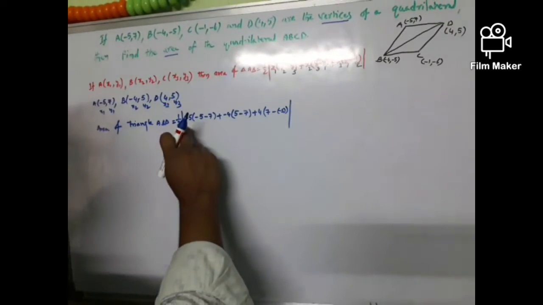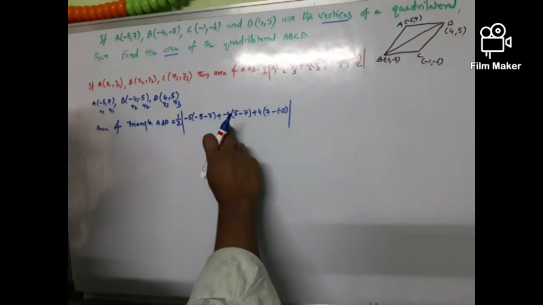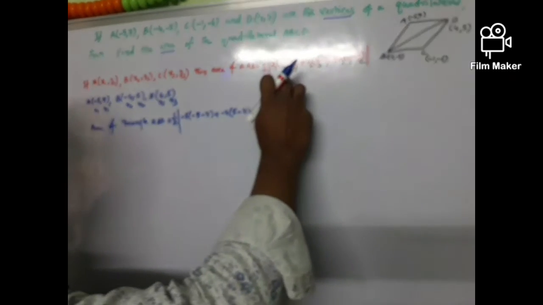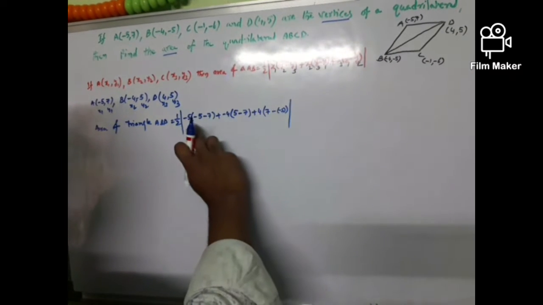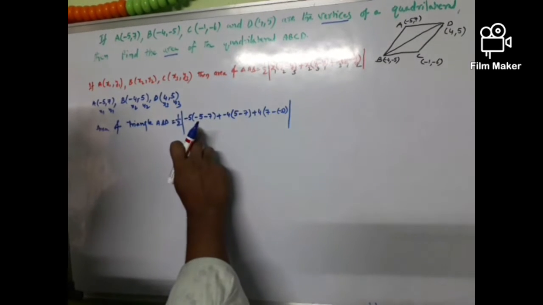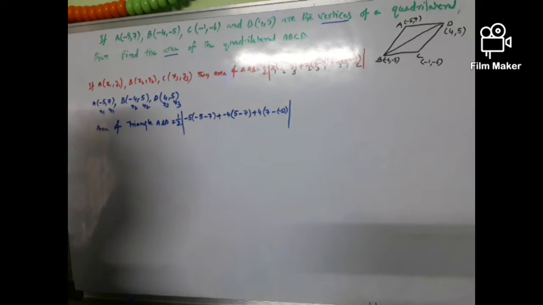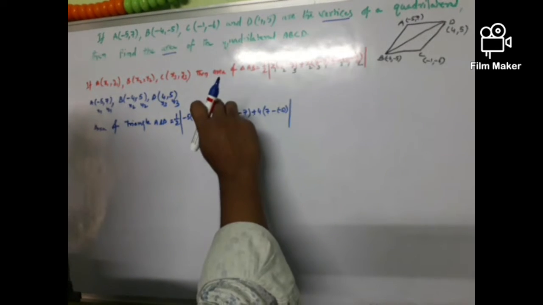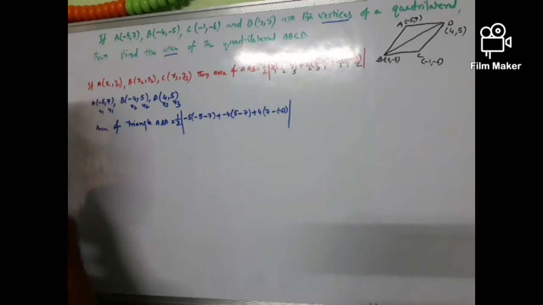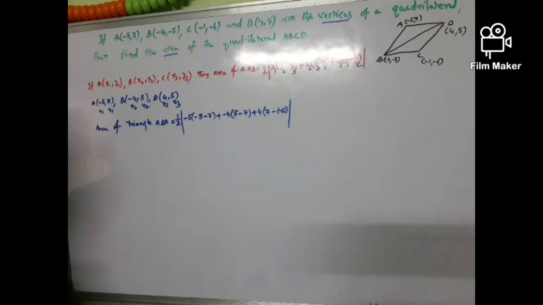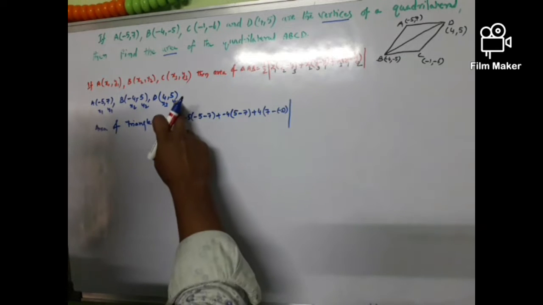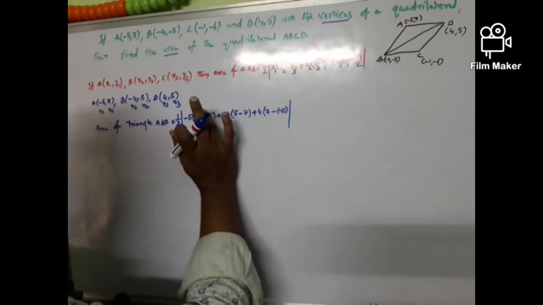x1 is minus 5, x2 is minus 4, x3 is 4, right? Next y2 is minus 5, y3 is 5, very good.